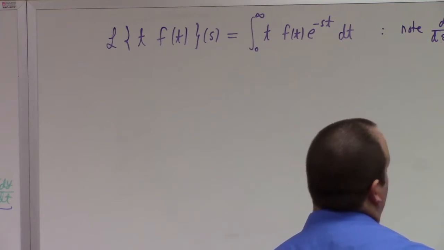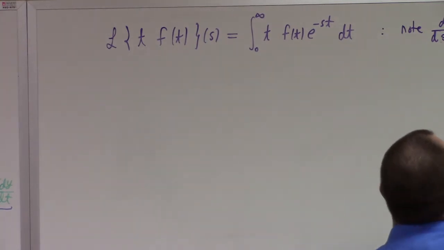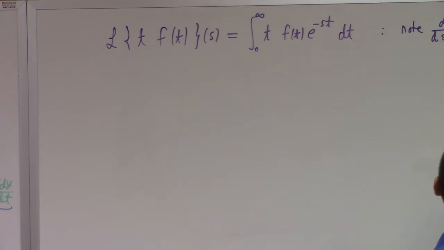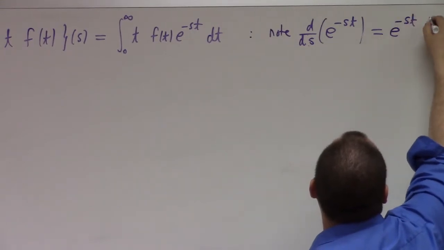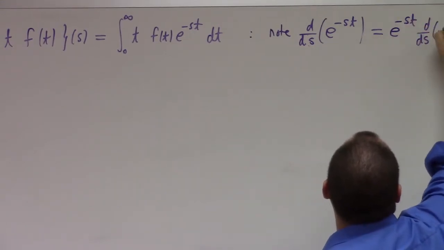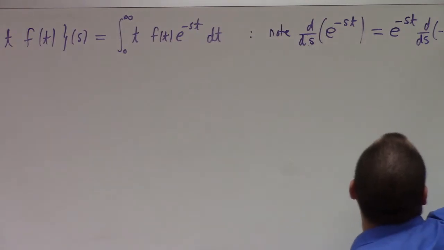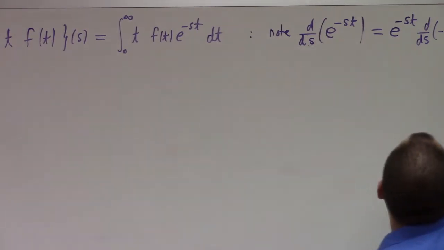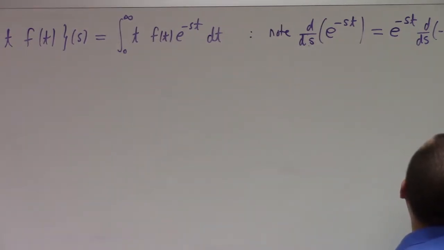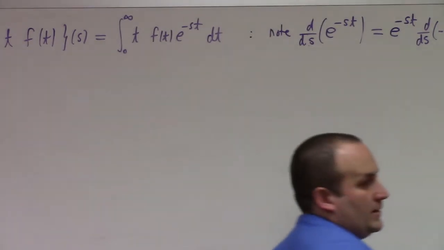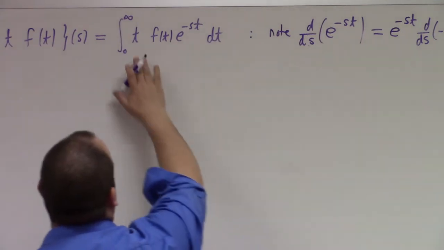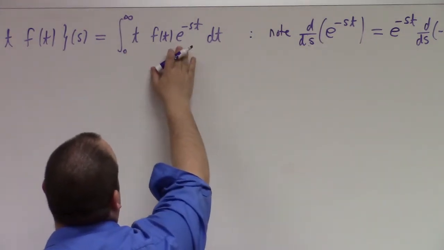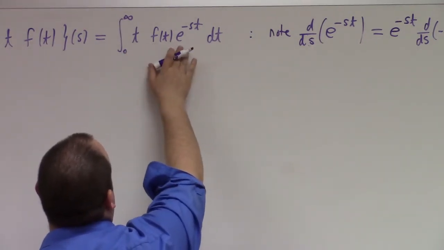It's e to the minus st times the d/ds of the inside, right? Which is just minus t. Right. So look at what we have here. What do I have?